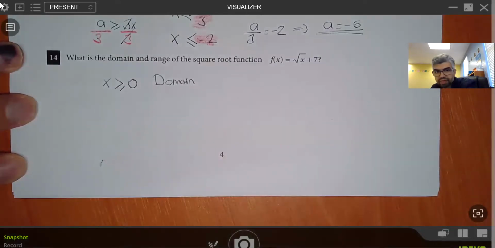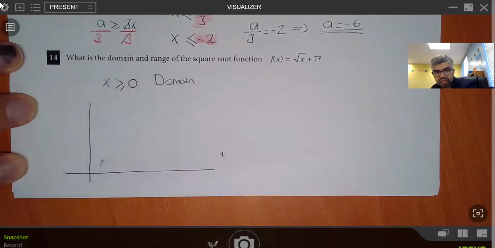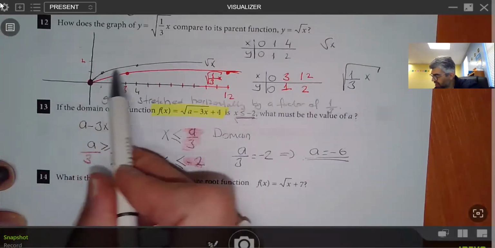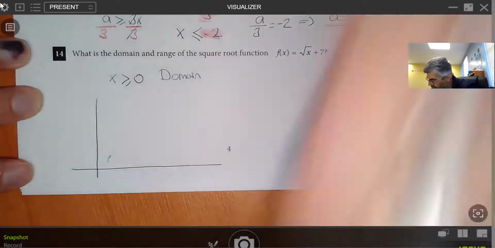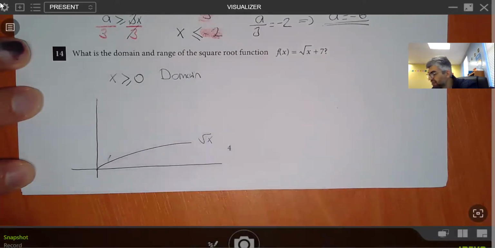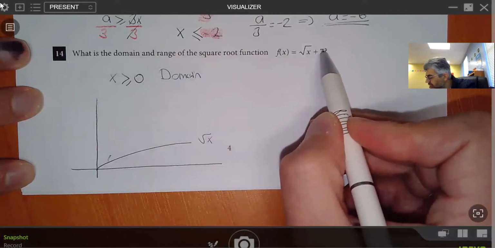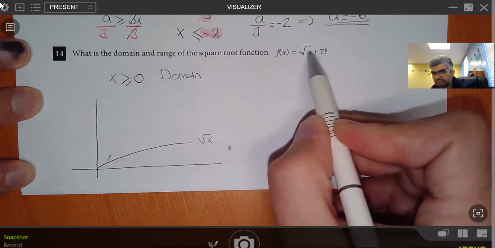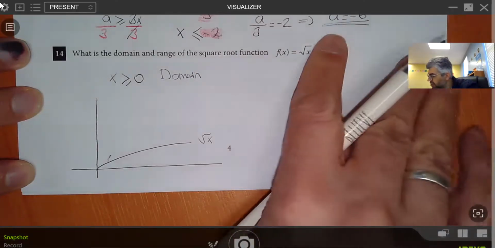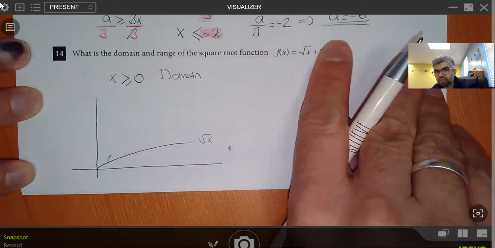What about the range? How do you find the range? Maybe it will be good to see the graph. Remember from this question, we have the parent function root x. I'm not going to write all the points, so I just write it. This is square root of x. And when we have +7, what does it mean? That +7 is not in the radical, so it doesn't directly affect the x value, but look at what changed. f of x is root x, f of x is root x +7.